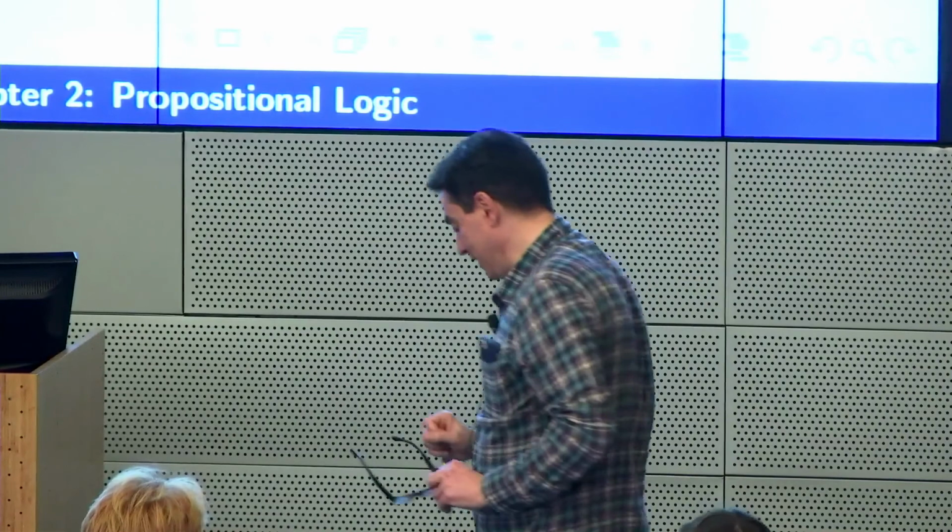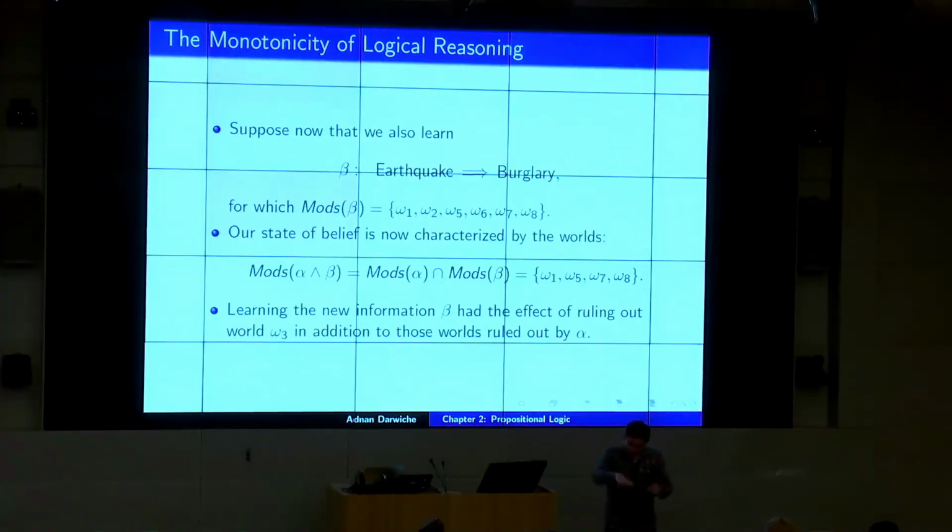Okay. Now you shrink, and adding more information, it shrinks. What did we just prove? Monotonicity. That's why logic is monotonic. Remember, what's implication? Alpha implies beta. If you keep adding to alpha and the set of worlds keeps getting smaller, it will never stop implying beta, right?